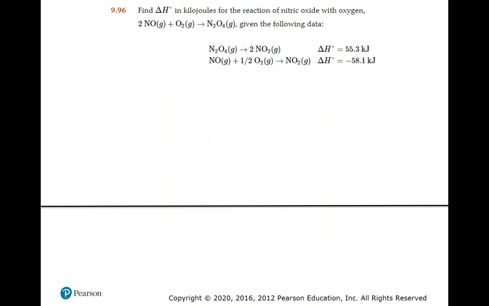And furthermore, we have a second reaction where 1 mole of nitrogen monoxide or nitric oxide gas reacts with half a mole of oxygen gas to form 1 mole of nitrogen dioxide gas. And we're told that that has a standard enthalpy change of negative 58.1 kilojoules.